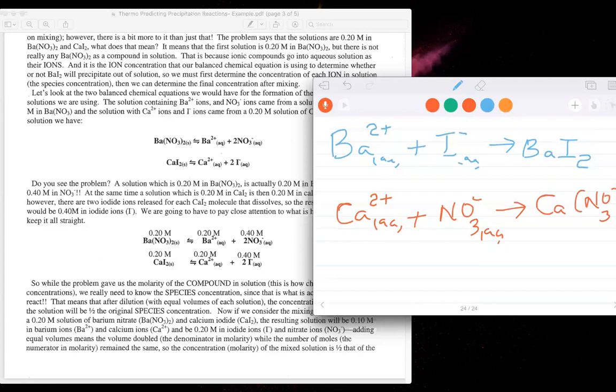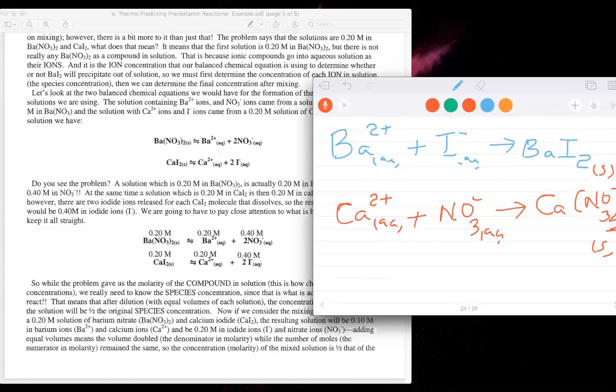So each one of them is a possible precipitate. I make this one solid, and that solid, and this solid. So at the outset, once you do the double replacement reaction and switch the ions from your reagents, you assume each one of them is a precipitate.